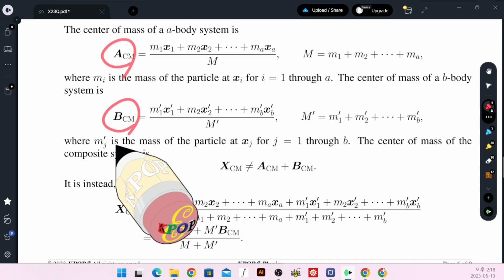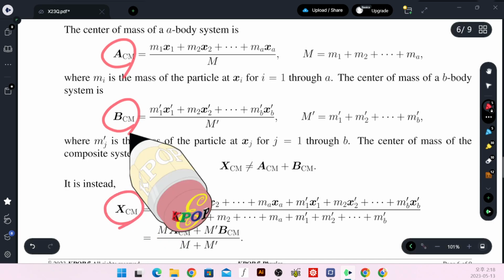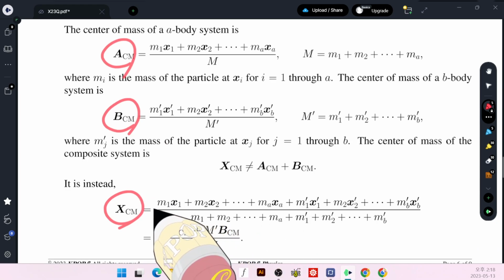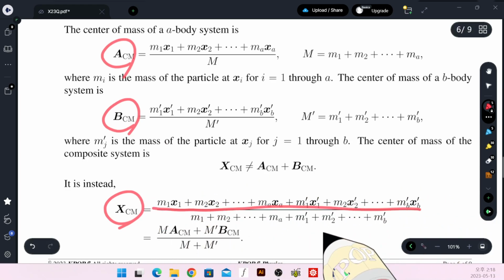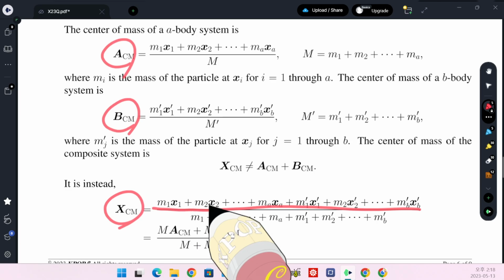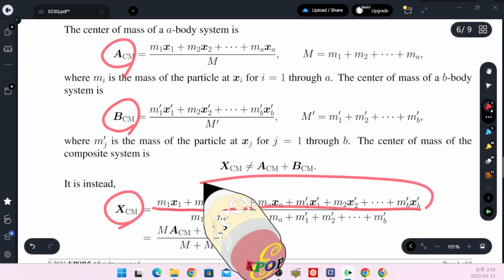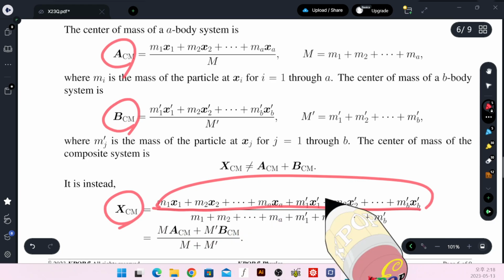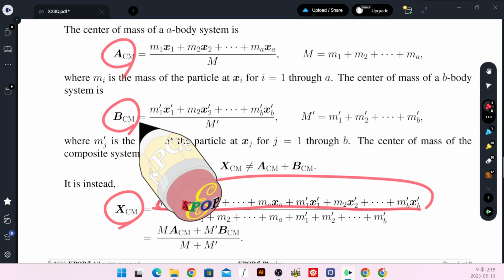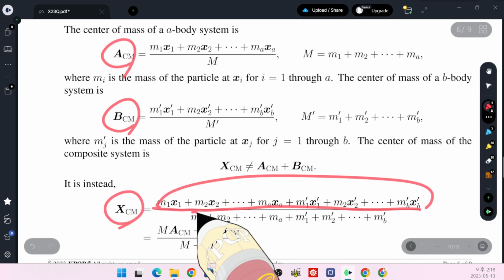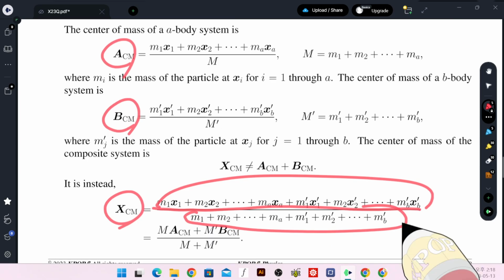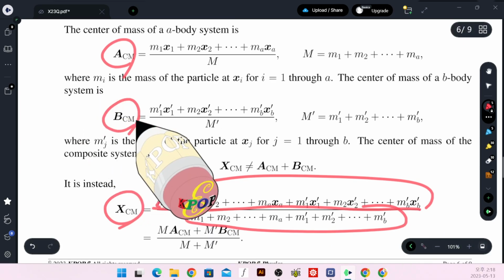Let's see. The center of mass of the whole system is, by definition, weighted average of every particle. Mass, position, plus mass, position for every particle that are in either set A or set B, divided by M1, M2, M3, M4. What's that? The total mass of the whole system.